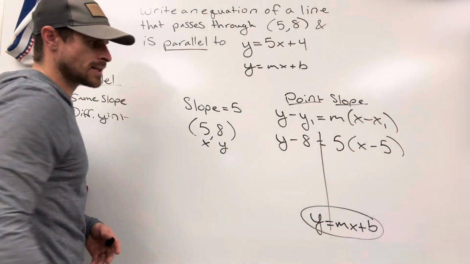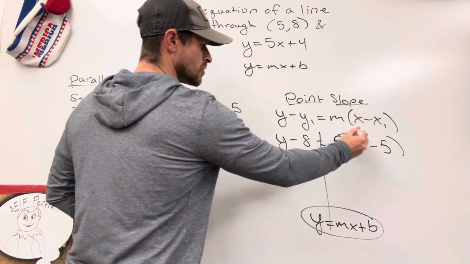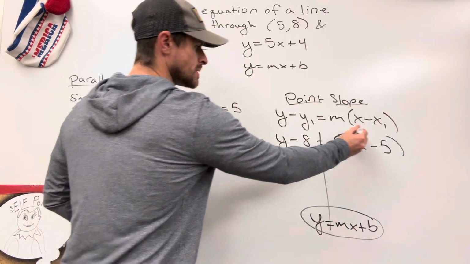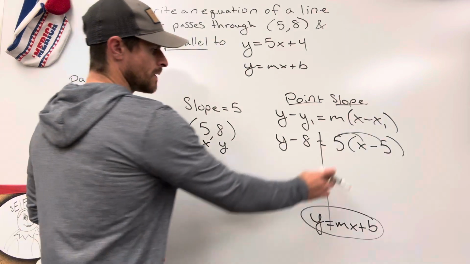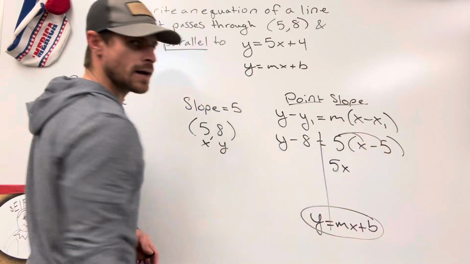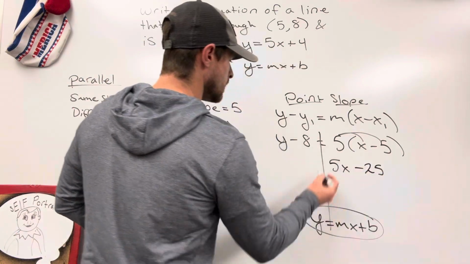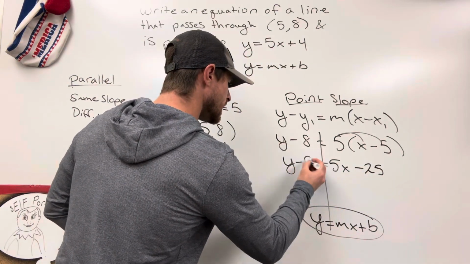How would I do that? I just clean up the right side. 5 times x, distribute. 5 times negative 5, distribute. 5 times x, 5x. 5 times negative 5, positive times negative equals a negative 25, equals y minus 8.